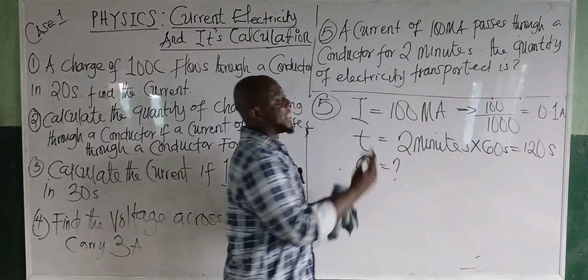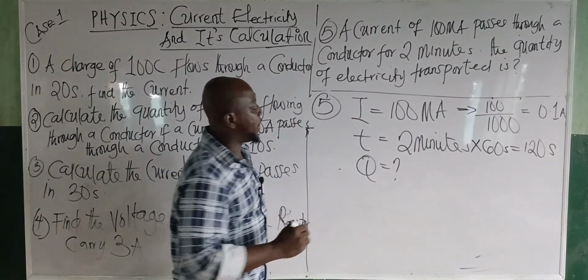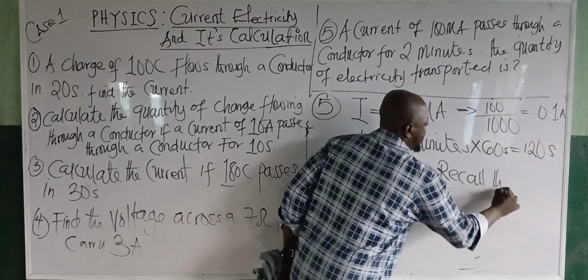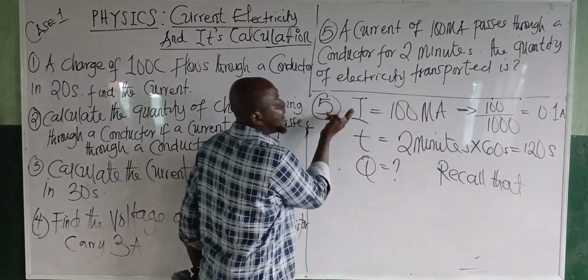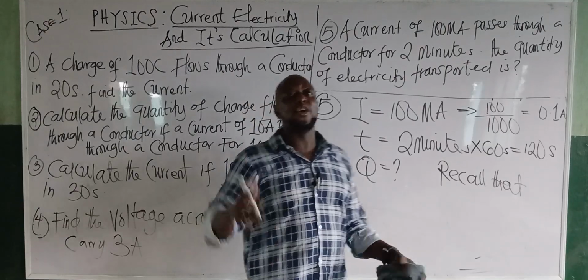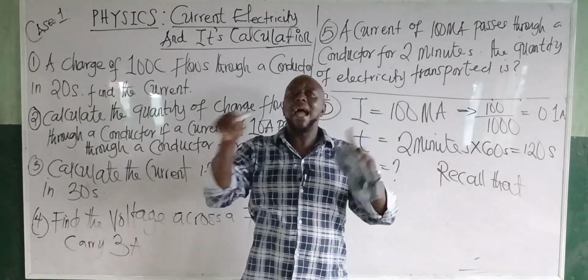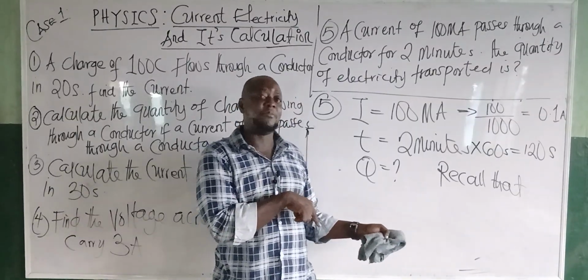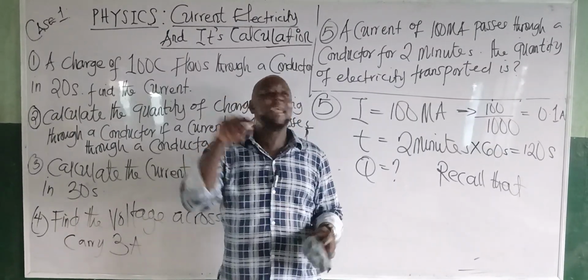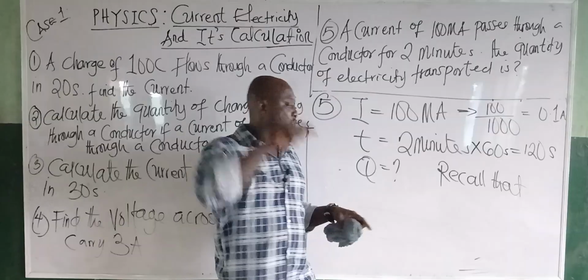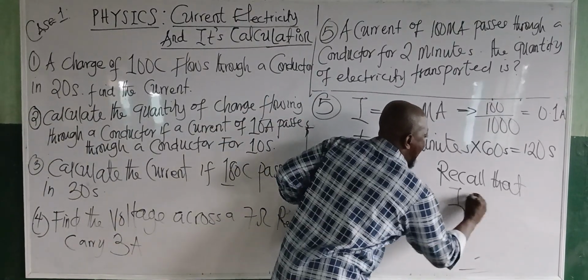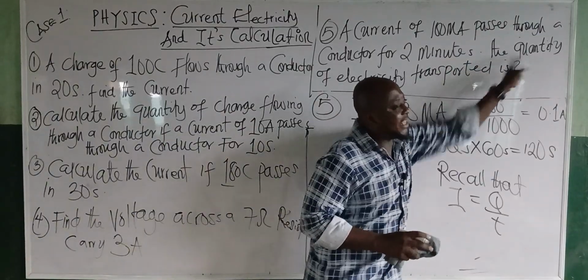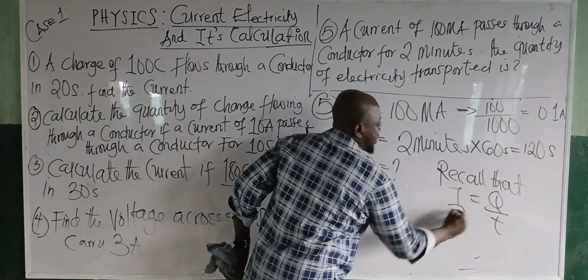So now with this, we can calculate our value. Recall that we have I, T, Q. We are not using V equals IR this time around because we don't have a resistor or a voltage here. So we only have I T Q, and we are using the first formula. We are looking for the quantity of electricity, so we make Q the subject of the formula.